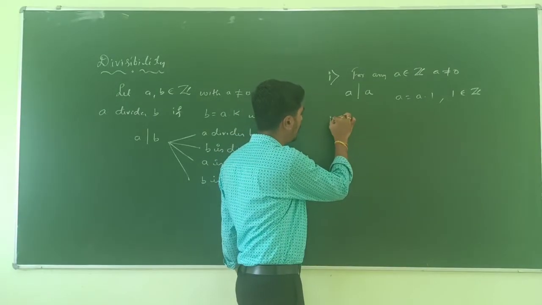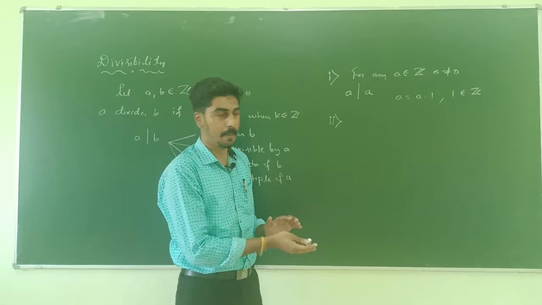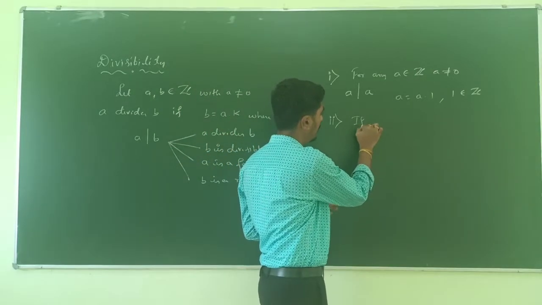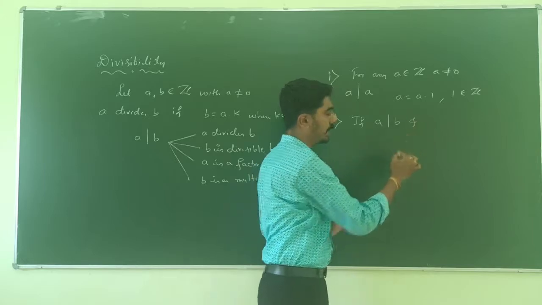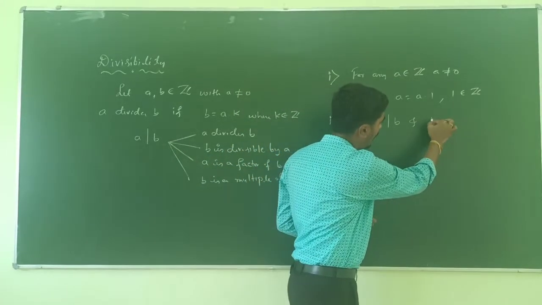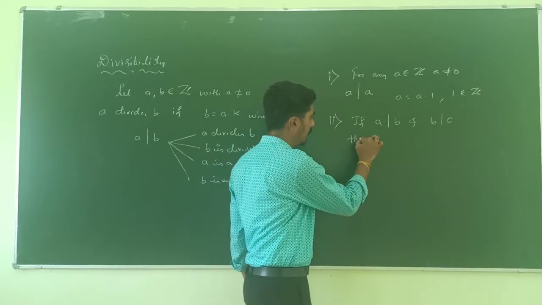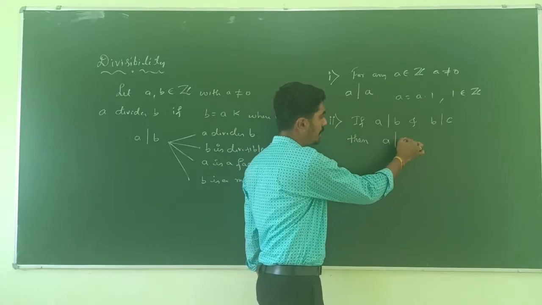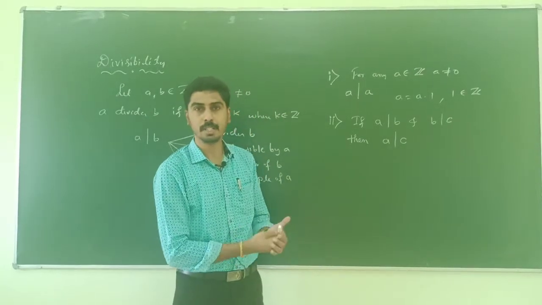The second property, the transitive property. If a divides b and b divides c, then a should divide c. How do we prove that?